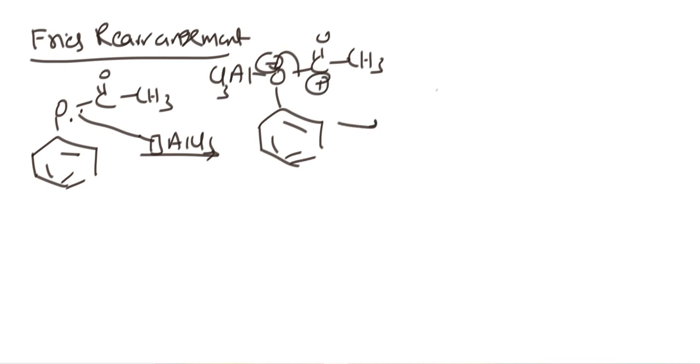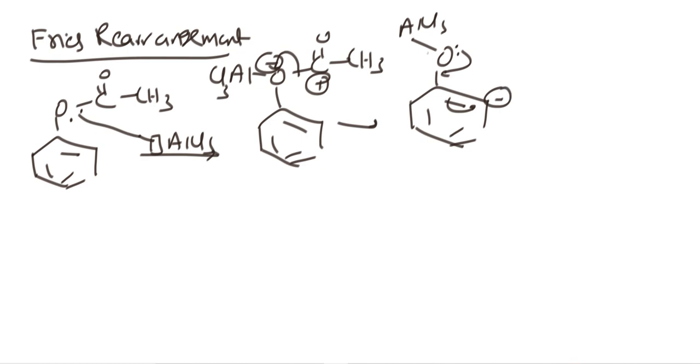This electrophile will go and attack ortho and para. Okay, so I will write it here, very simple. This is O, AlCl3, this is the lone pair, the pair shifted like this, bond shifted like this, here negative charge.